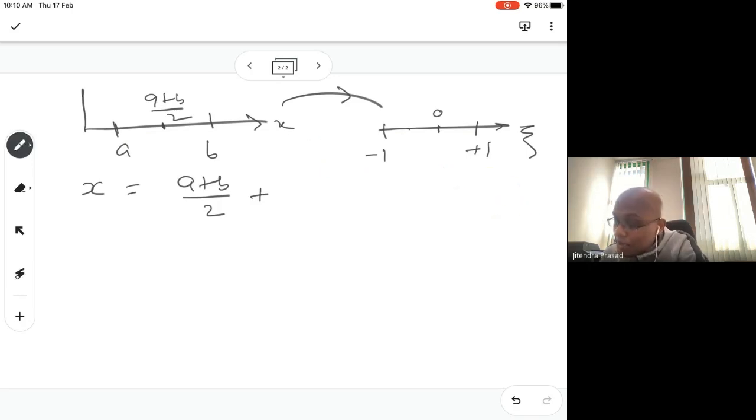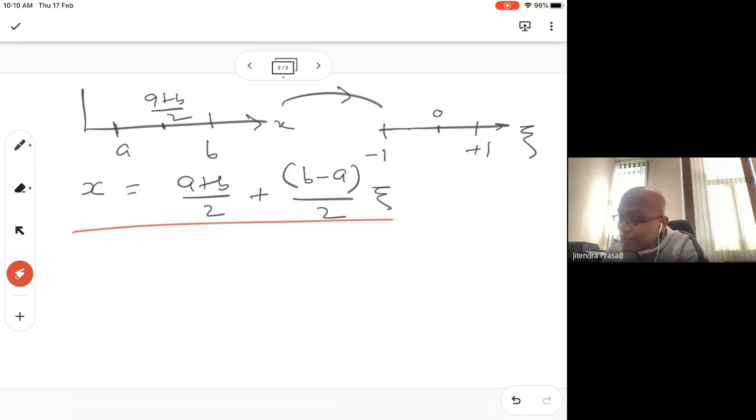So when we are interpolating, b minus a, which is this distance, we are interpolating with respect to this one, so this is equal to 2 divided by 2, and then we have xi here. So you can check, if xi equal to 0, the value we get is a plus b over 2, right?